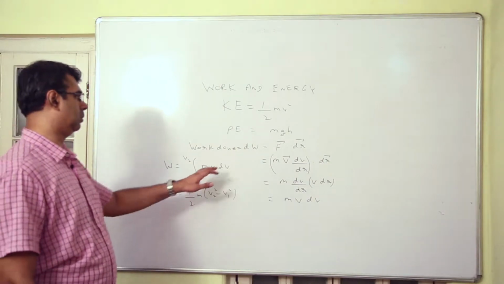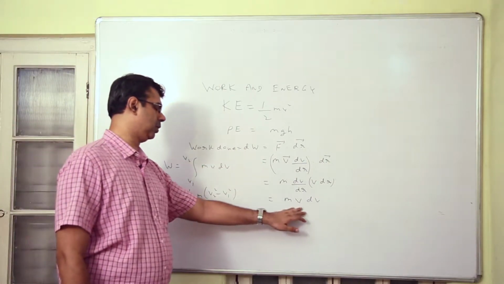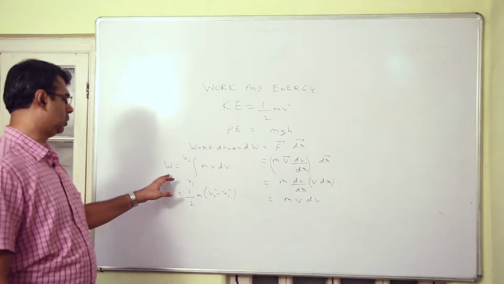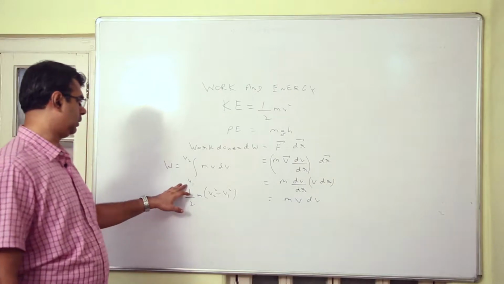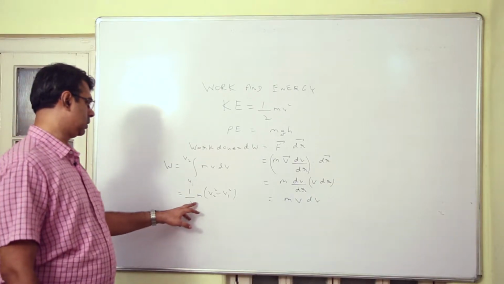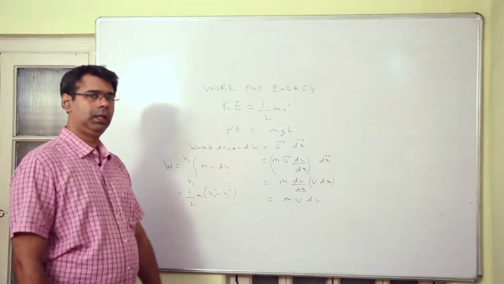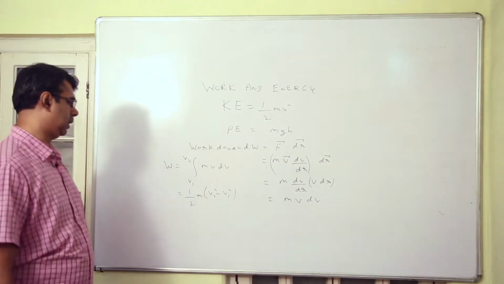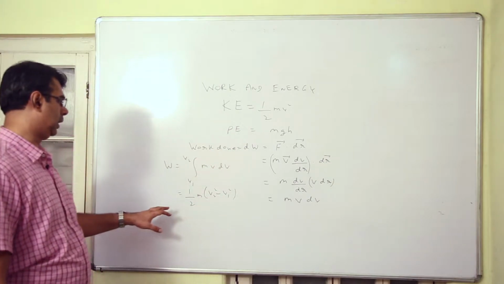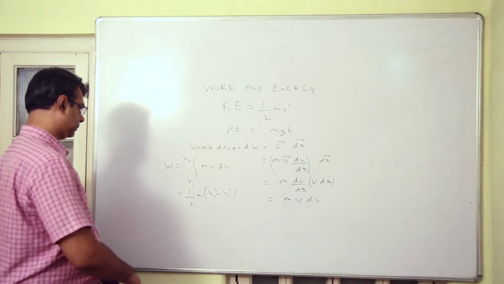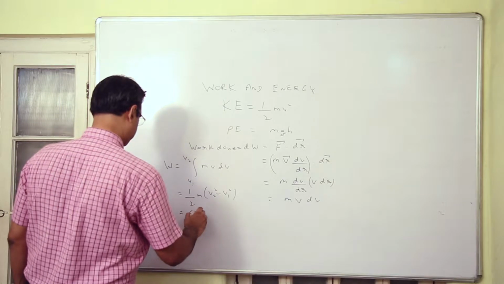So once again, the work done by the force is dW equal to mv dv, and the total work done by the force while undergoing a change in velocity from v1 to v2 is half m into v2 square minus v1 square. Now from your knowledge of kinetic energy, you know that this is equal to change in kinetic energy.